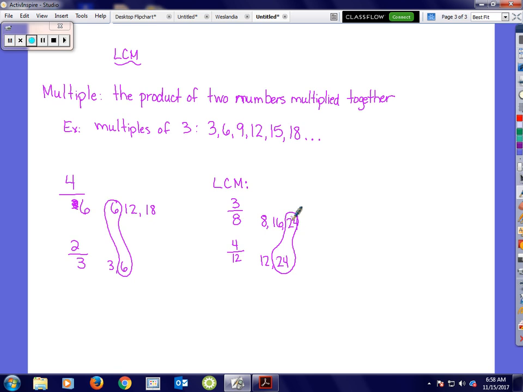So the least common multiple of 3/8 and 4/12 is 24. So if I was taking this a step further, to make these two equivalent fractions, but fractions with the same denominator so I could add and subtract them easier, my new denominator would be 24.